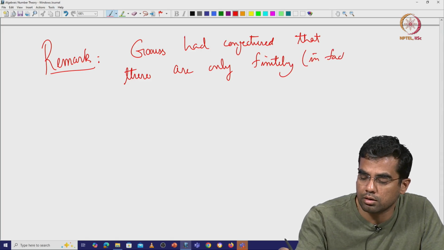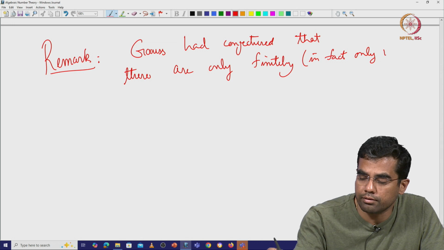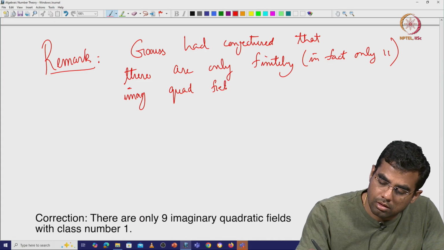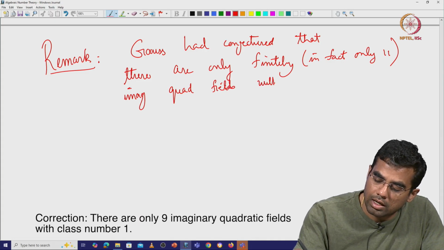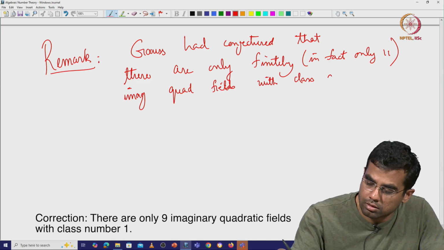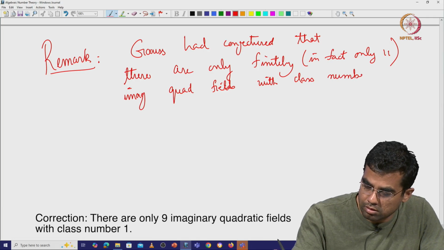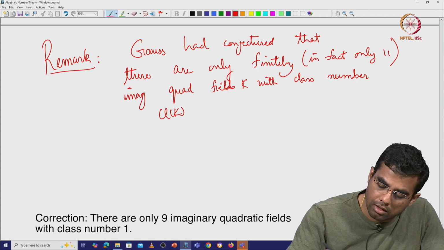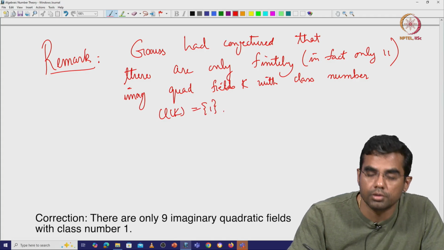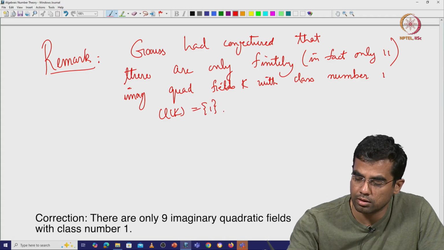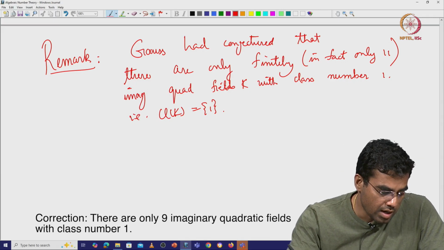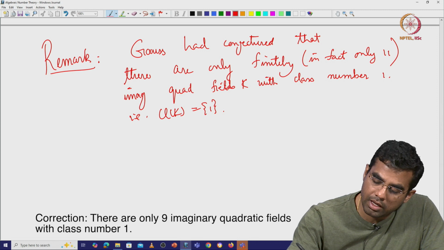In fact, only 11 imaginary quadratic fields K with class group Cl(K) equal to the trivial group, okay, with class number 1. So, he gave an explicit list, and this was proven by Heegner.